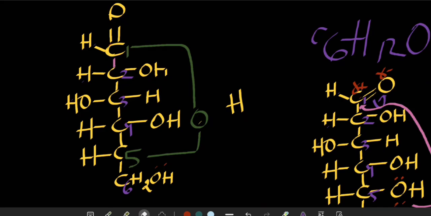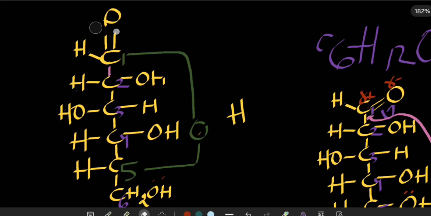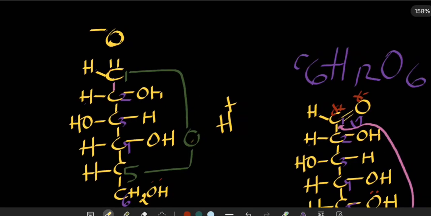Now what about this hydrogen? This hydrogen will also try to form a bond with this oxygen, right? Why? Because this oxygen has a partial negative charge, right? It has a negative charge. Therefore, this hydrogen has a positive charge. So it will try to attack this oxygen now.